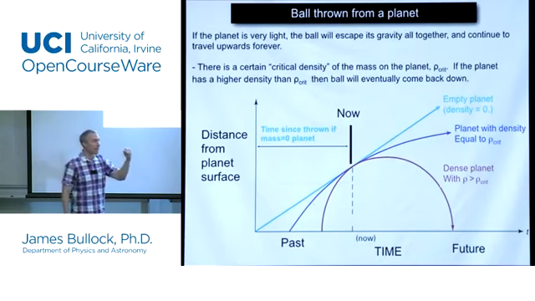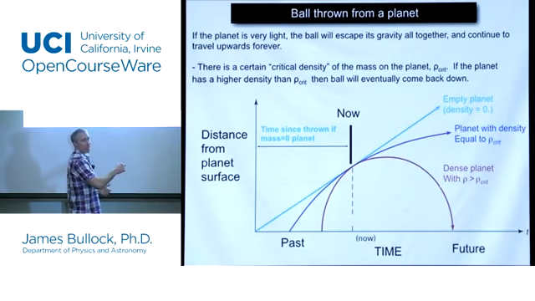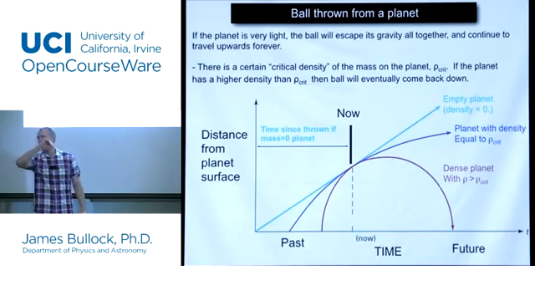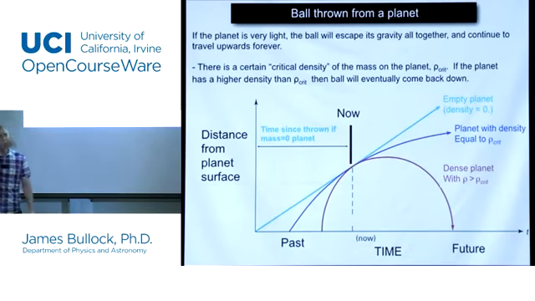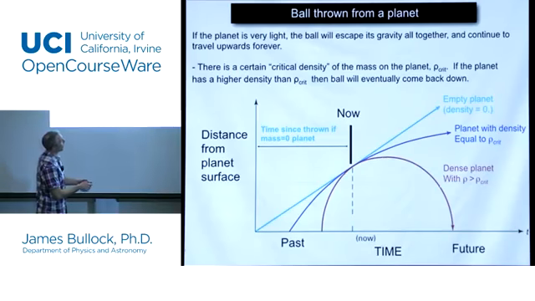But if the planet gets heavier and heavier, you would throw the ball off at a fast speed, which is like a steep slope, and then it starts to slow down, and so the rate at which it travels away from the planet's surface goes slower and slower the heavier the planet is. And actually, if the planet's heavy enough, it can even go to a point and then come back down.